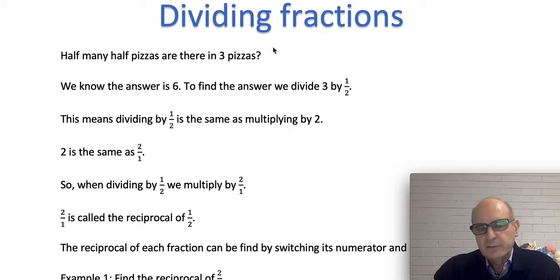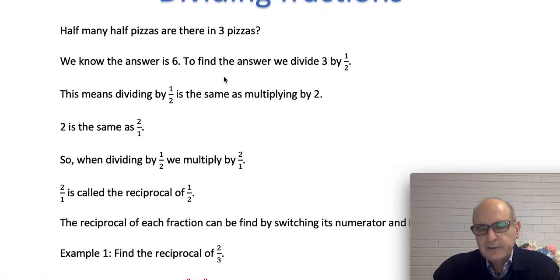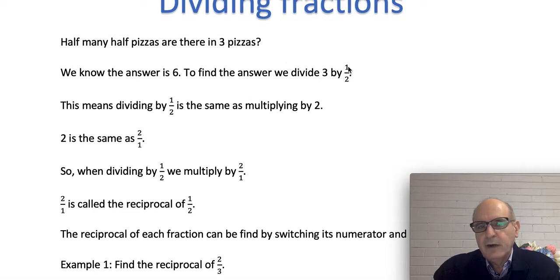That's the same question: how many half pizzas in 3 pizzas? We need to divide 3 by half, but we already know the answer is 6, which is the same as 3 times 2. So what this tells us is dividing by half is the same as multiplying by 2.